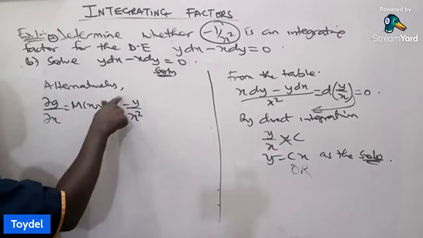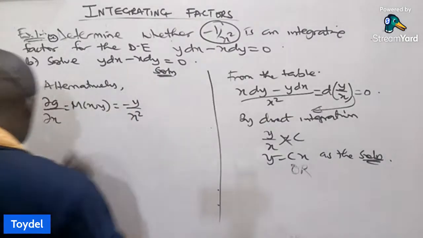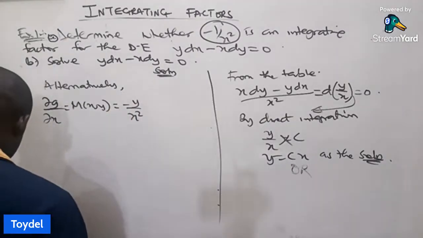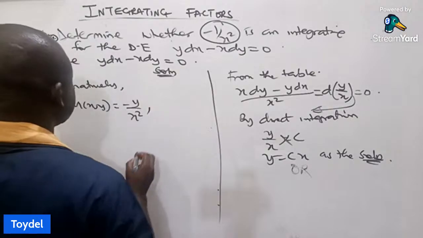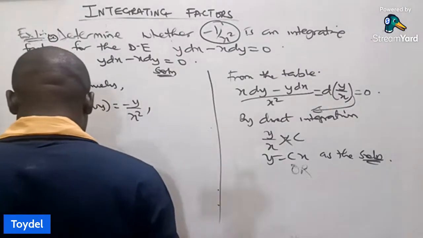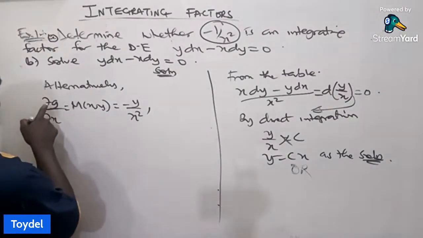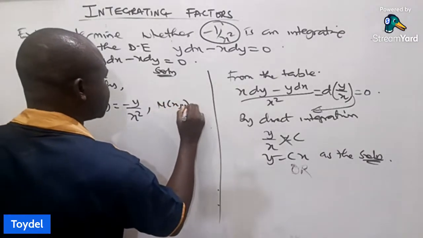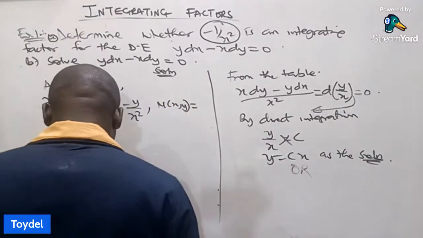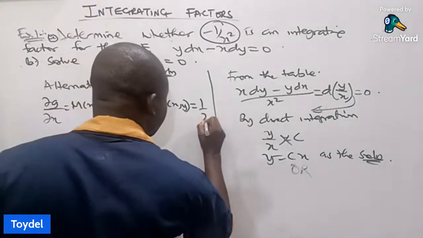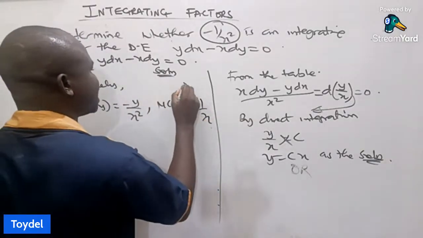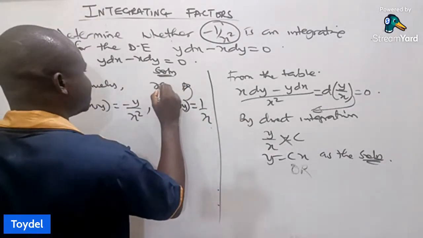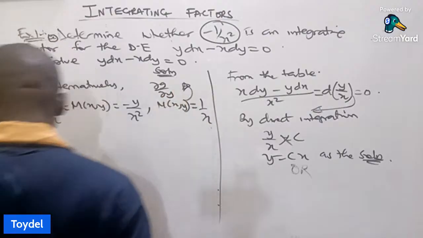That is what we have beside the dx. Then we have N of x comma y, from that question given as 1 all over x, and of course this is the same thing as the partial of g with respect to y.